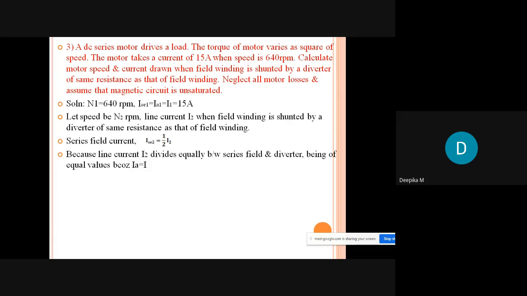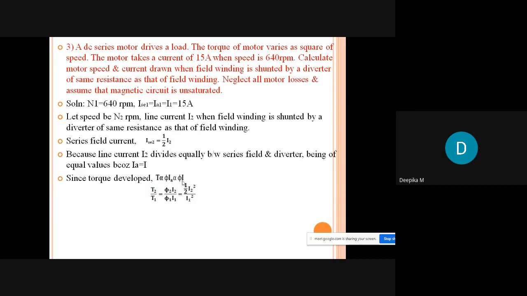Next, because the line current I2 divides equally between the series field and the diverter, as both are in parallel and of the same resistance, Ia is equal to I. Since the torque developed is proportional to phi into Ia, we know that torque is proportional to flux into armature current, and we can write it as flux into the common current I. It is a direct relationship, correct?